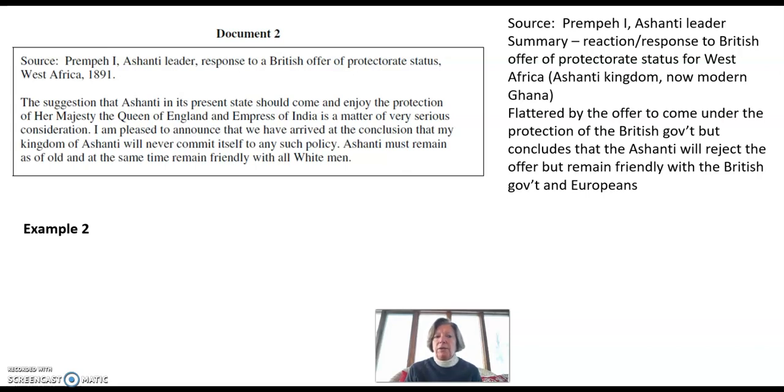He's an Ashanti leader, and he is responding to a British officer of protectorate status in West Africa in 1891. "The suggestion that Ashanti in its present state should come and enjoy the protection of Her Majesty the Queen of England and Empress of India is a matter of serious consideration.